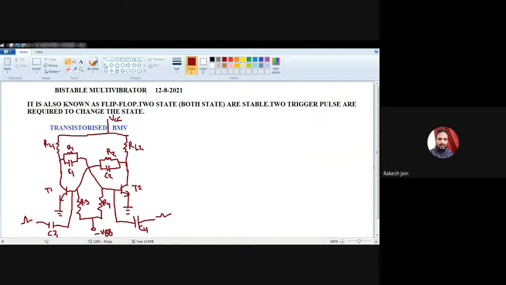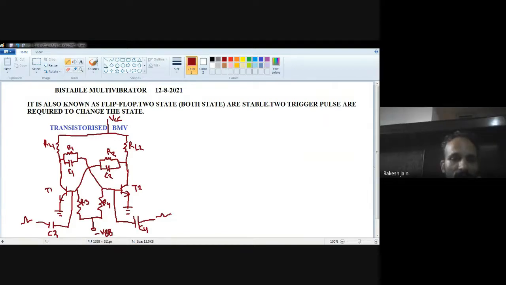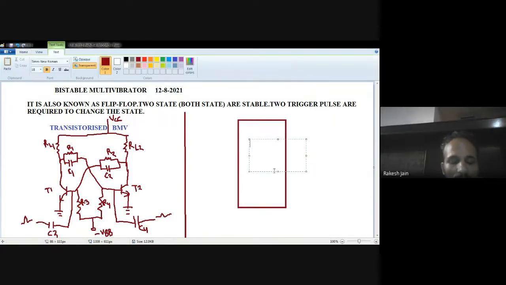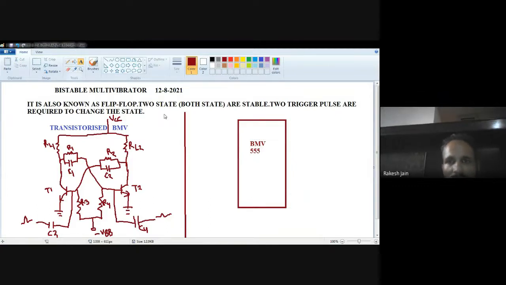Now we will see the 555 timer IC circuit of this bistable multivibrator. So you see a little bit of difference between all those structures. Otherwise, the topic is very common to all of them, that is multivibrator. So this is your bistable multivibrator. From the third number pin, we will take the output.